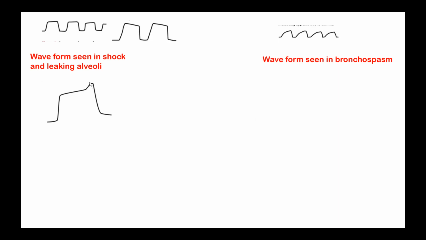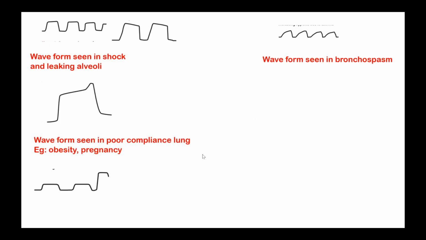Yes, sir. Whereas here it is going up and then coming down. This is the waveform seen in poor compliance, especially obesity and pregnancy. So that is where the peak goes up. What is this?